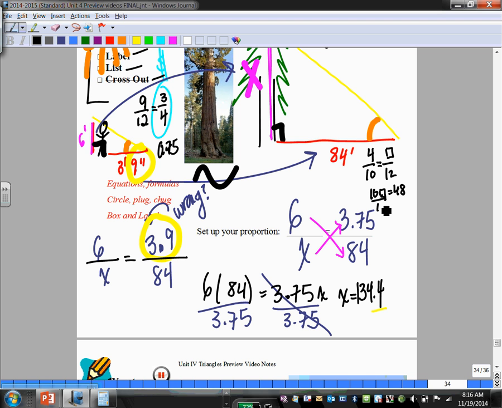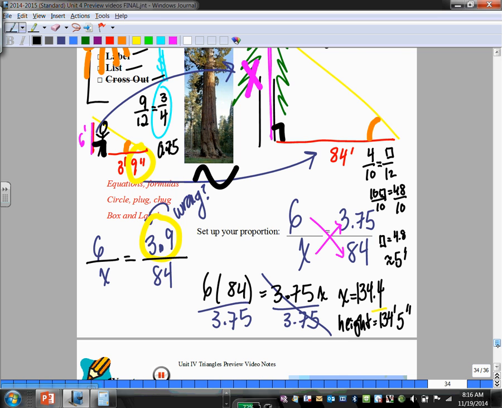We divide by 10, and look, Mom, no calculator. Your unknown is basically 4.8, right? So we're going to make it approximately 5 inches. So our final answer for the height of the tree is 134 feet, 5 inches.